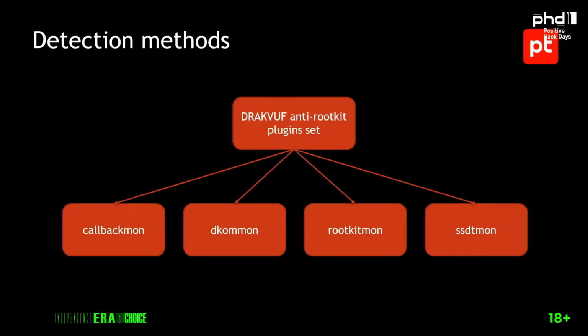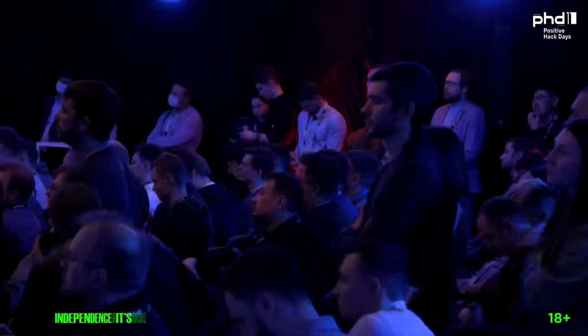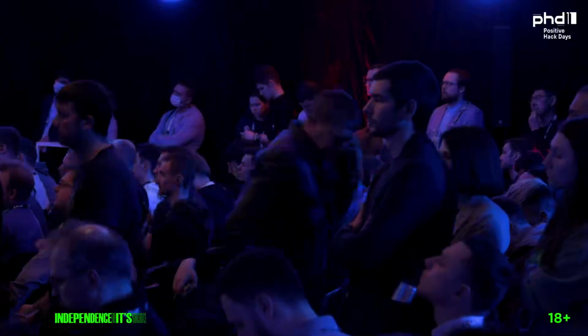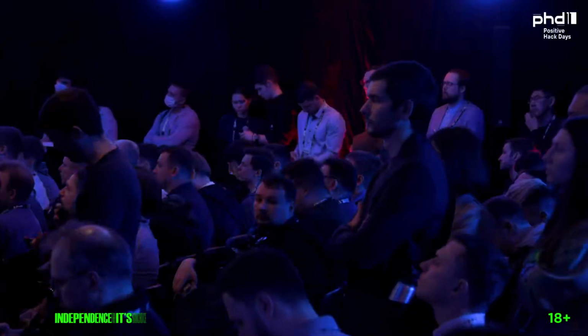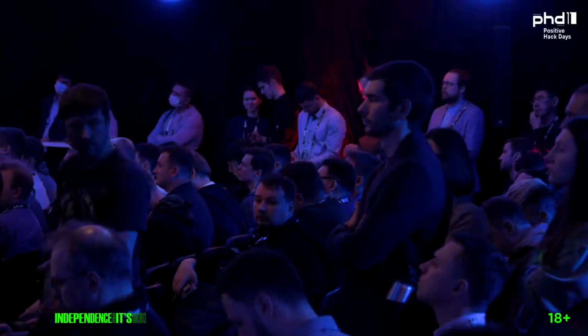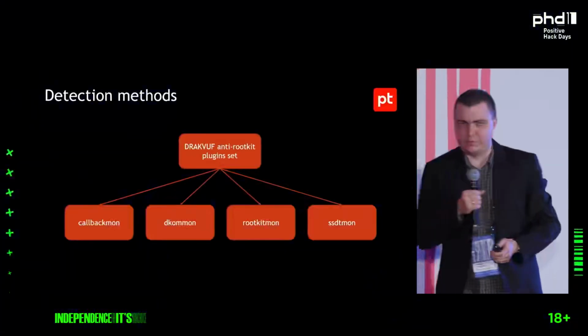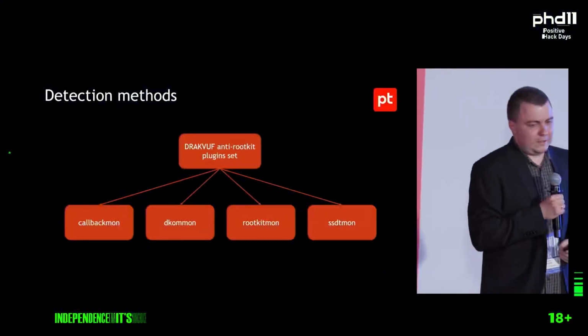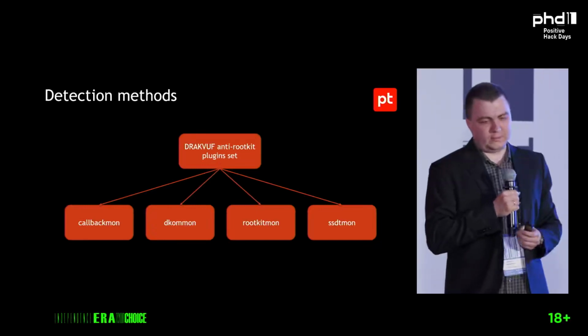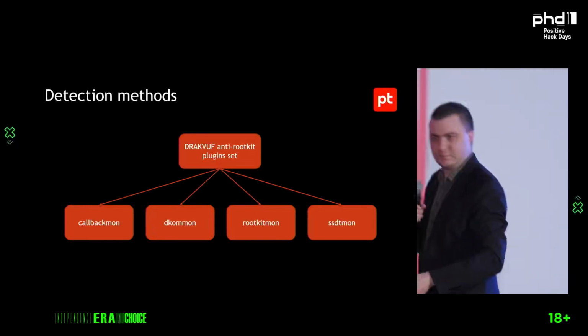So as part of this research, we've developed new plugins. I'm referring to callbackmon and rootkitmon. And before us, two other plugins were there, dcom and sdtmon. And we also edited these plugins, thus giving ourselves this set of plugins that you can call a rootkit detection technology inside Dracwolf.